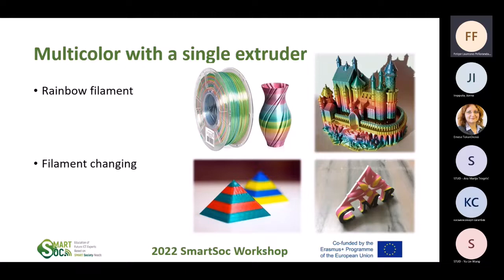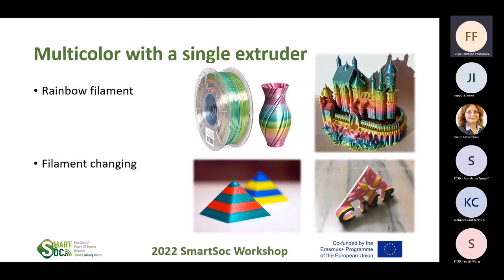Well, the smartest solution is to use so-called rainbow filament. Quite easy, quite nice. Of course, you cannot control the ratio of different colors and so on, but still you will have quite nice, quite attractive objects. Why not? More than nothing, and quite easy.